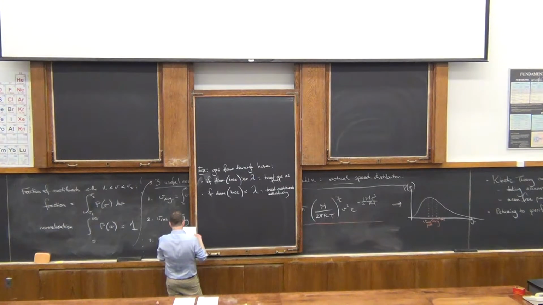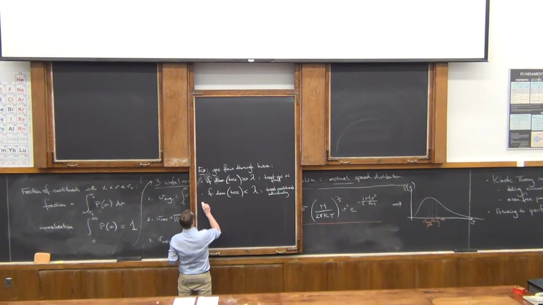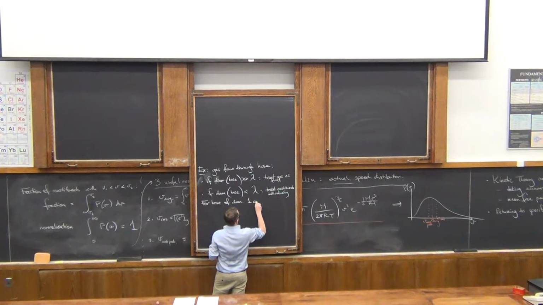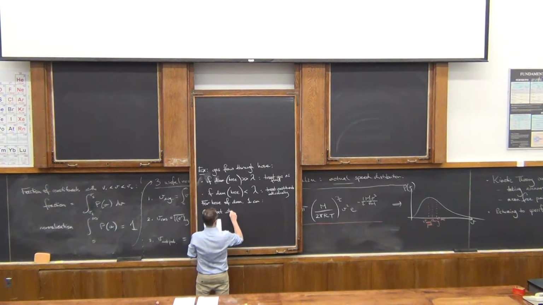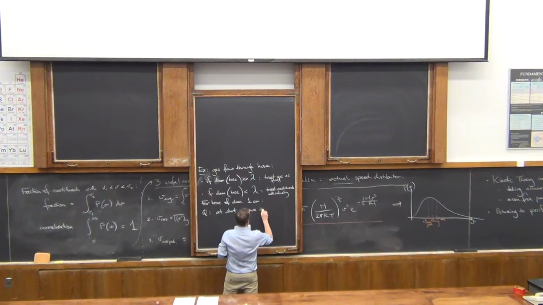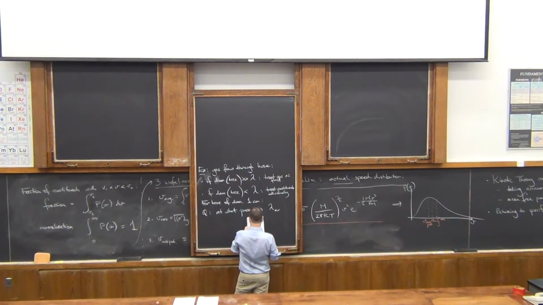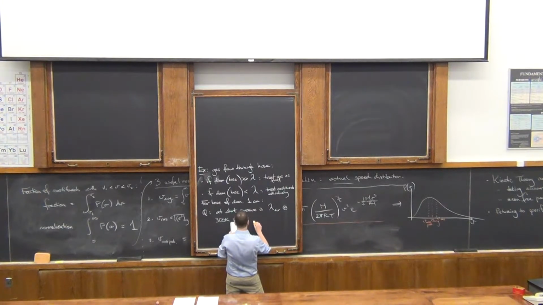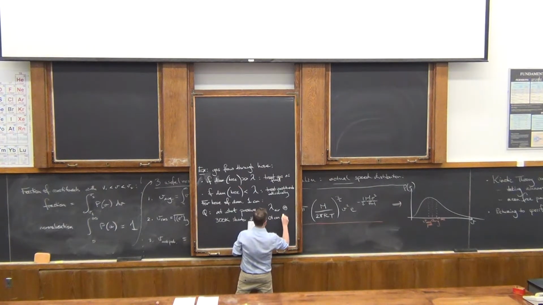So let me ask you to do the following calculation. For a hose of diameter 1 centimeter, the question is, at what pressure is the mean free path of air at 300 Kelvin, so roughly the temperature of this room, shorter than 0.1 centimeters?